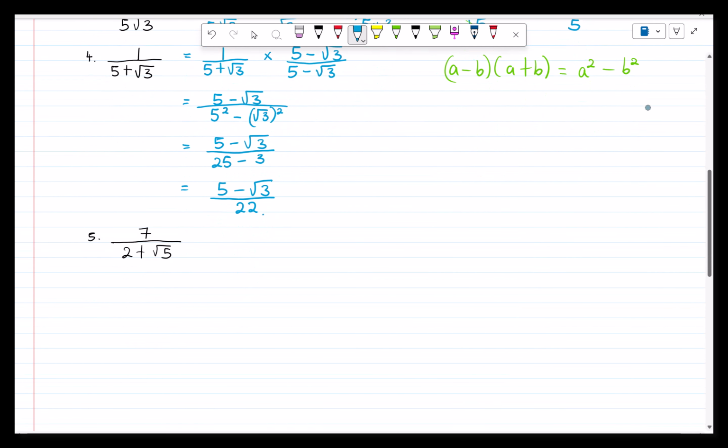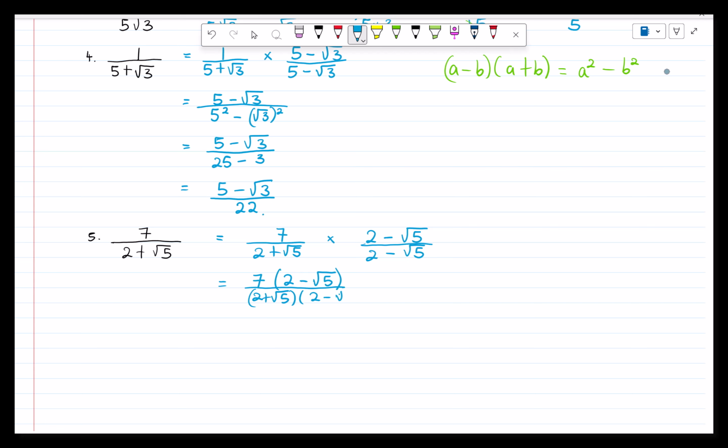Then for the last example, we have 7 over 2 plus root 5, which we're going to rationalize by saying 7 over 2 plus root 5 multiplied by 2 minus, remember the change of sign, minus square root of 5 over 2 minus root 5. Now multiplying the numerators together, we get 7 times 2 minus root 5, let me rewrite it as 7 multiplied by 2 minus root 5 all over 2 plus root 5 multiplying 2 minus root 5.